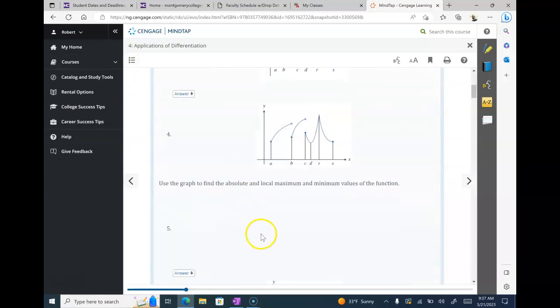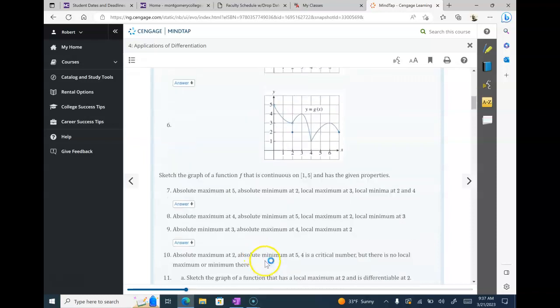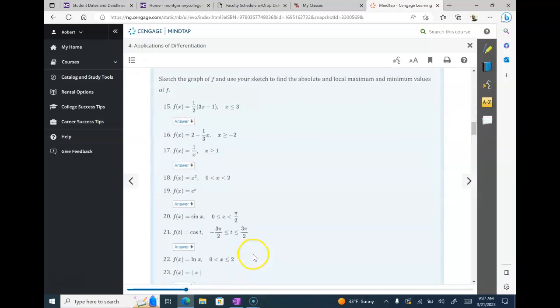I'll assign homework next week. From 4.2, I like problems 1 to, I think, 71, so you can start working on those right away.